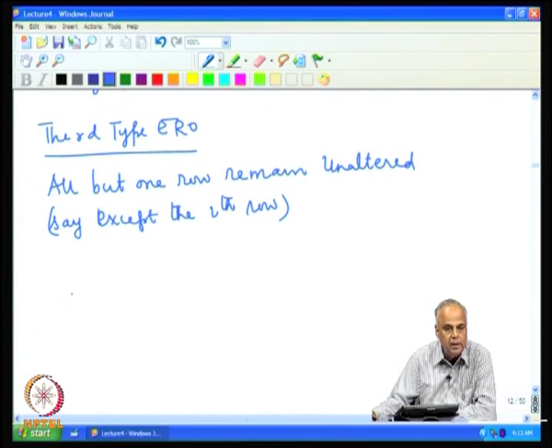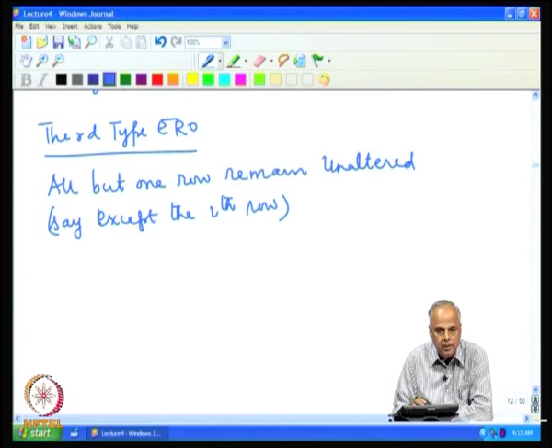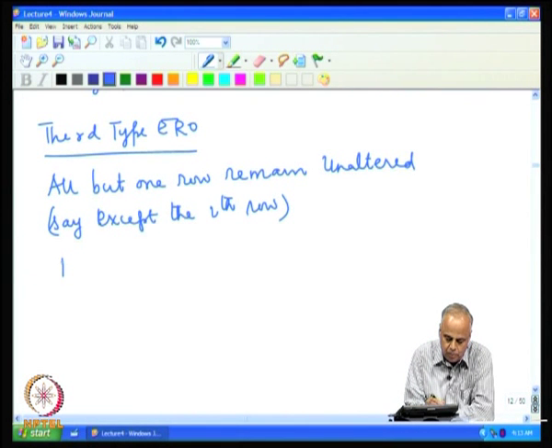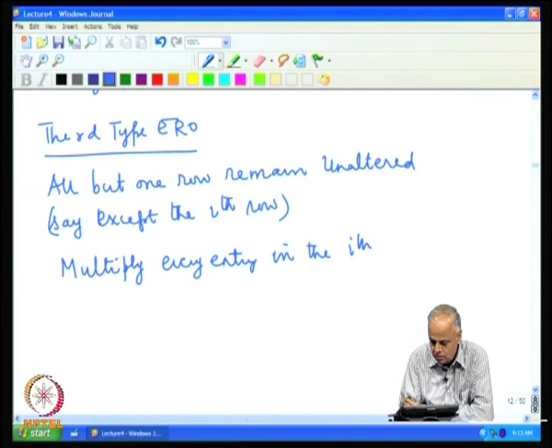What do we do on the ith row? It is the ith row that is going to undergo a change. The type of change that we will make is, we are going to multiply every entry in the ith row by a number alpha in F, where alpha is not 0.